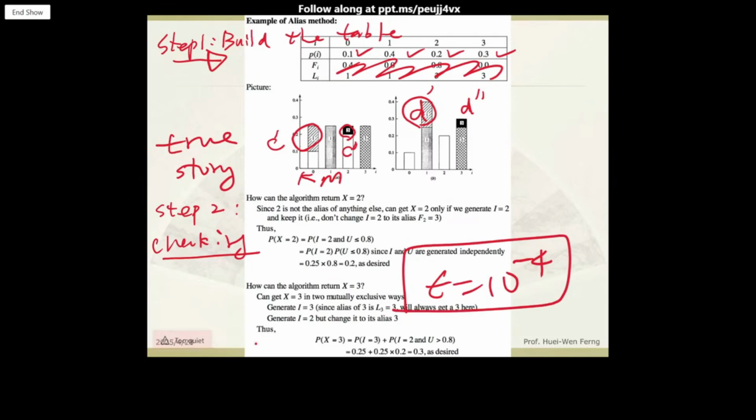Really small, for example, 10 raised to the power of minus 4. So then you have 3 more minutes to finish the implementation to find the table.